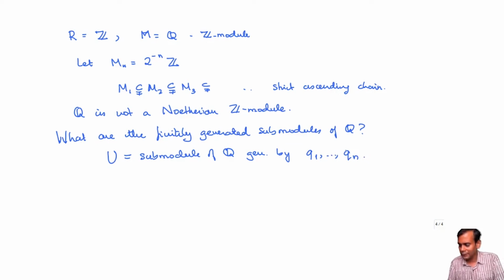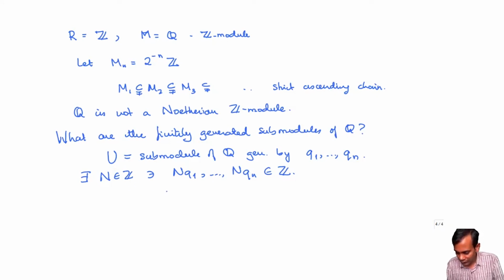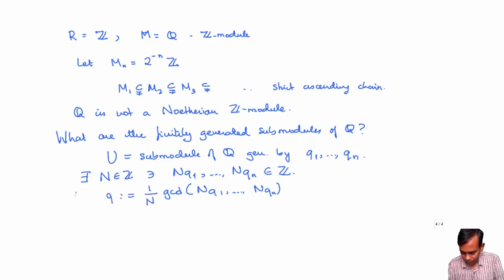Then I can multiply out all these rational numbers by some large integer, say the product of their denominators. There exists n in Z such that nq1, ..., nqn are all integers. Now you take the GCD of these integers, that's going to be an integer, and divide it by n and call that q. So let q be 1 over n times the GCD of nq1, nq2, up to nqn.